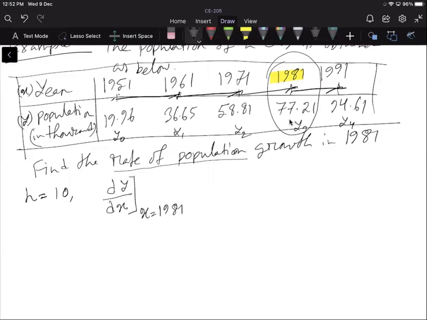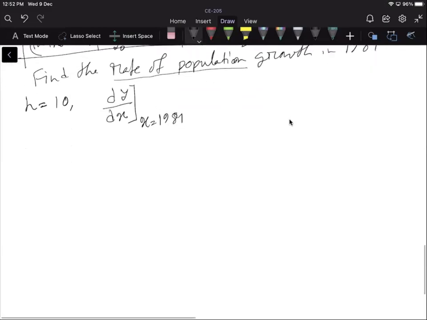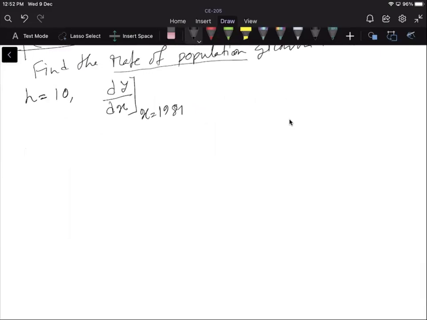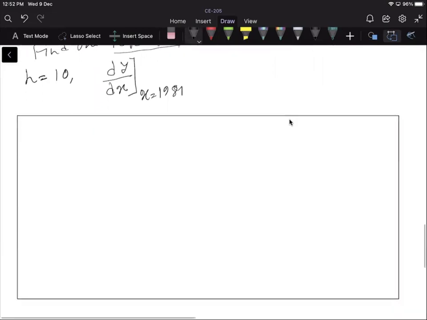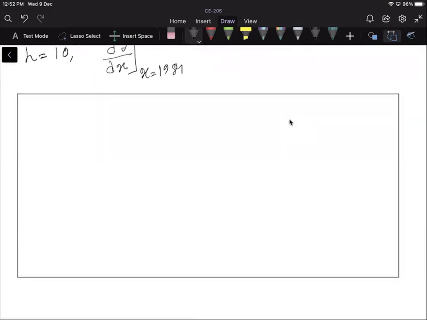So the first task is to form the difference table. This is the common thing. You first need to form the difference table.